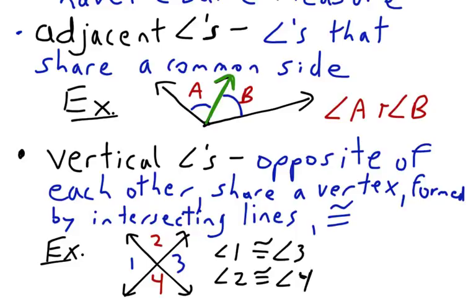Because they're vertical. You have one on top of the other. So see, they're sharing this common point, and angle 2 and angle 4 are opposite each other. Angle 1 and angle 3 are opposite each other. And I've heard somebody say it kind of looks like a bow tie if you look at angle 1 and angle 3. So the bow tie relationship is what I've heard it referred to as.